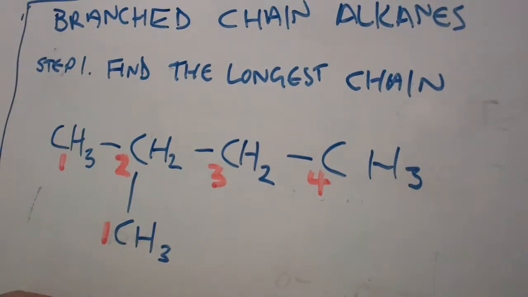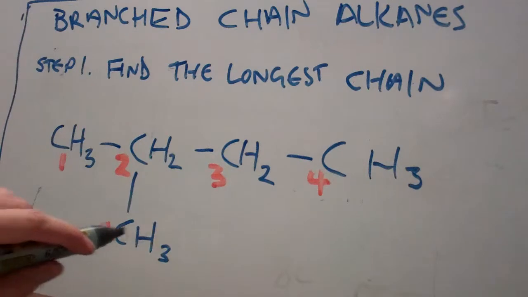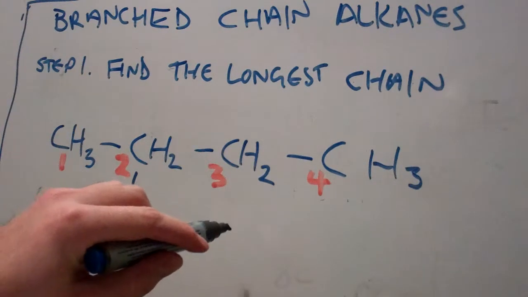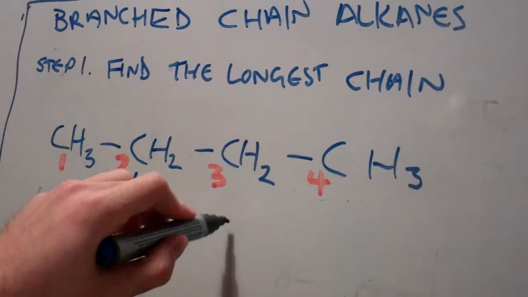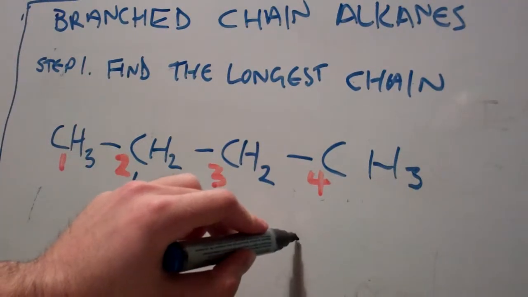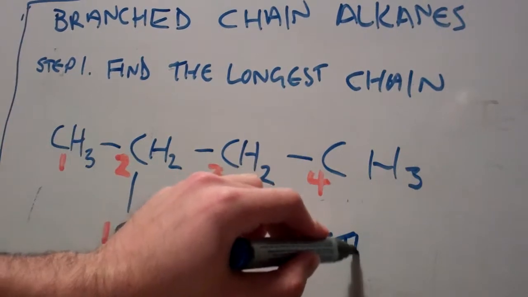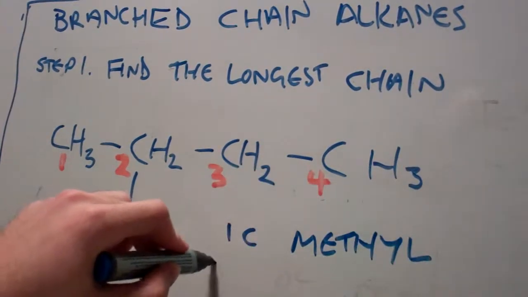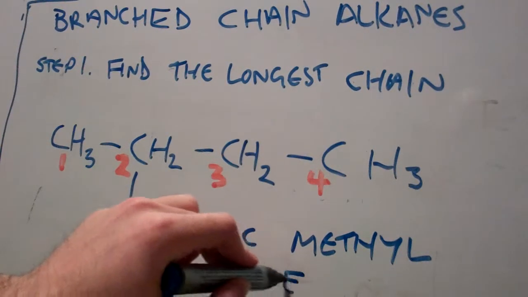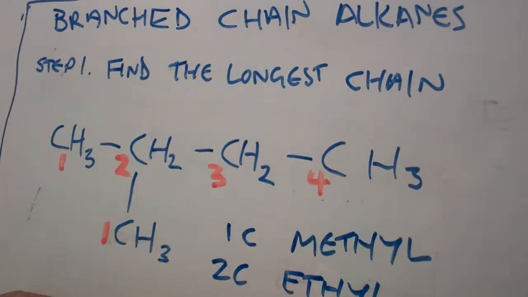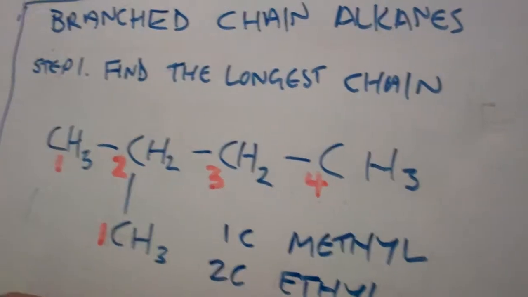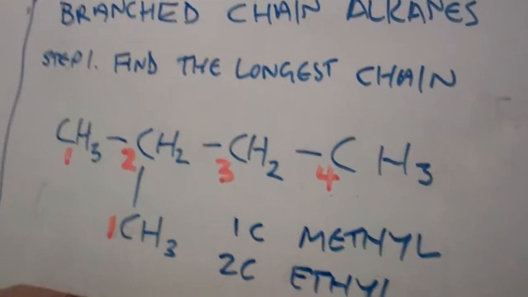Now the alkyl groups are named the same way that alkanes are named. For 1 carbon on the alkyl group, it's called a methyl group, and for 2 carbons on the alkyl group, it's called an ethyl group.